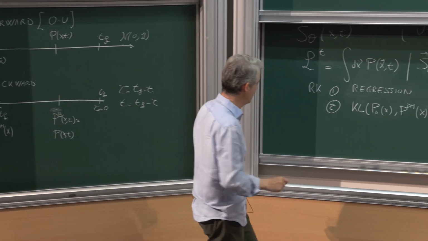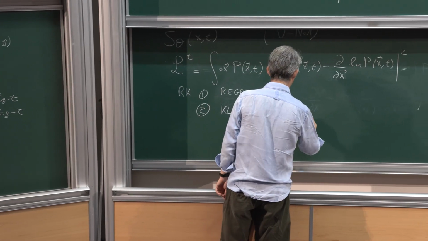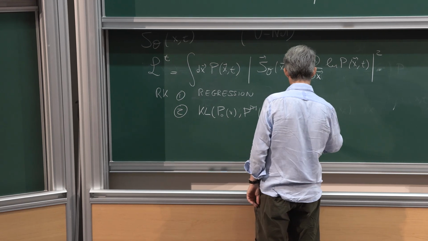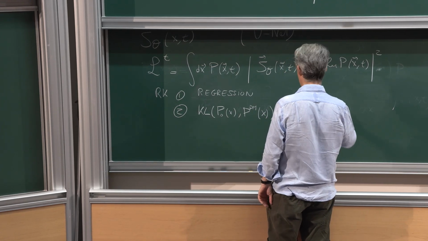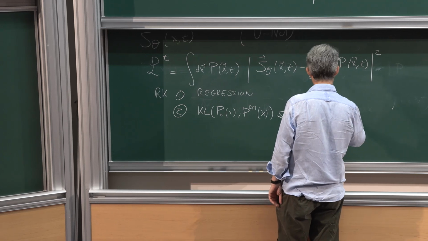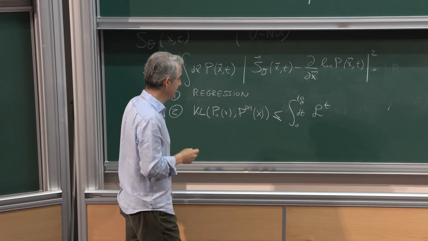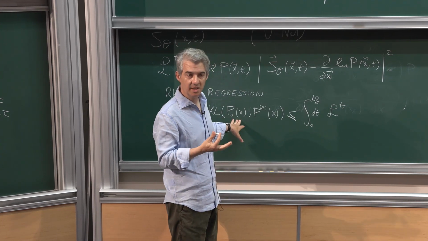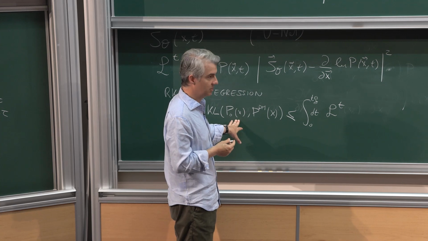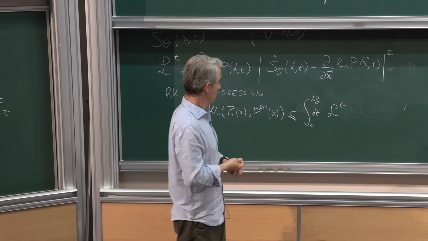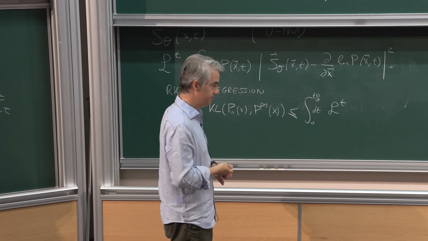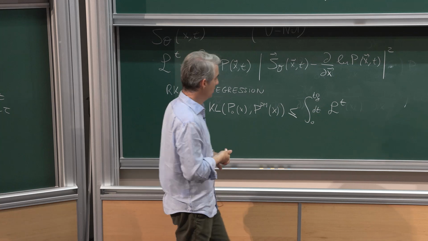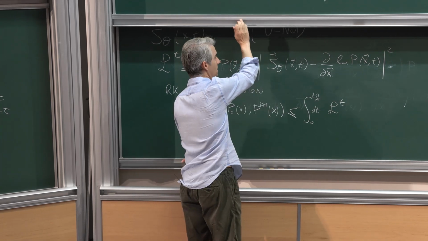The Kullback-Leibler divergence between these two can be upper bounded by the integral over dt from 0 to tF of this L of t. So that's good. It tells you that if you are very good at minimizing this, the result is going to be good. This is always true, not only for a UNet, whatever you do. This just tells you that this loss is a good idea. All right, so let's work a little bit on this loss.